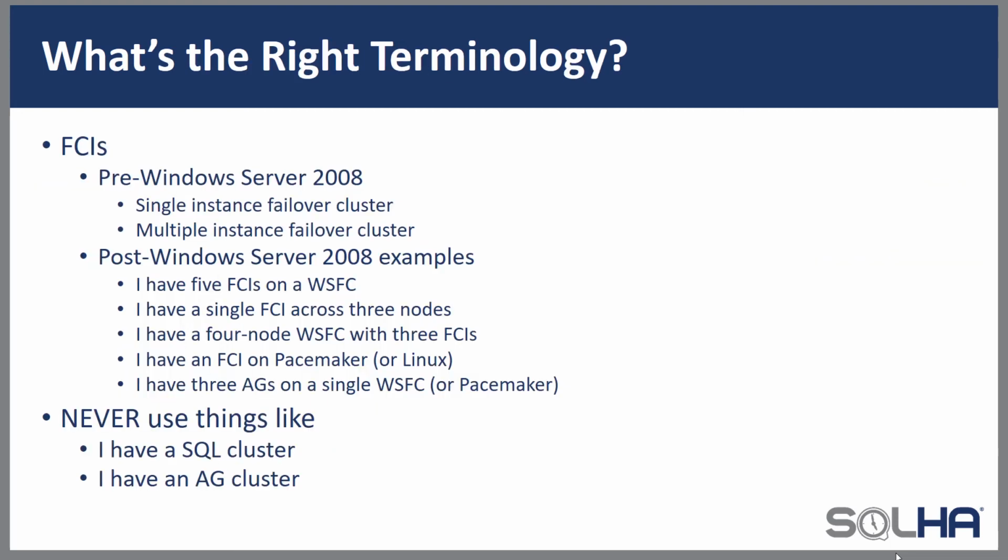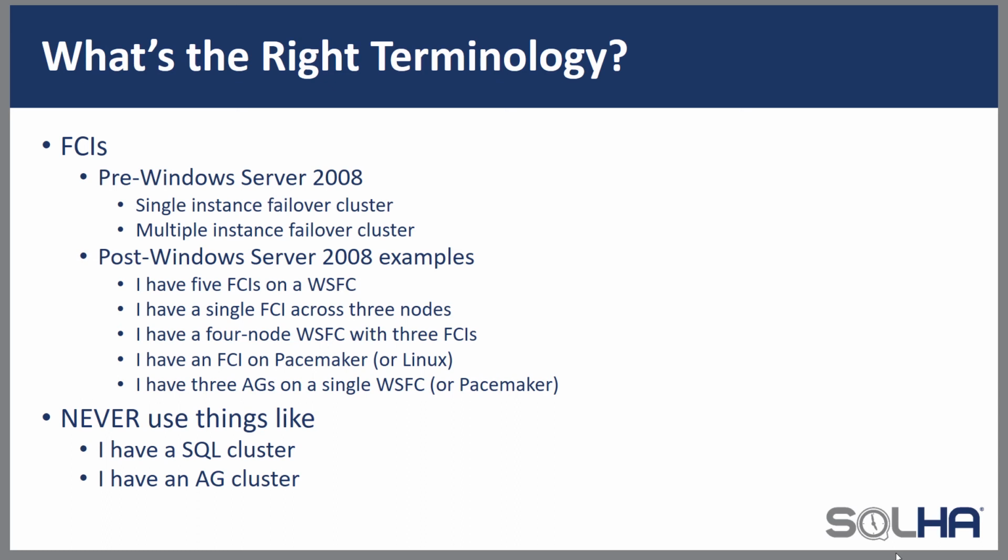So how should you reference this stuff when you're talking about it? Well, pre-Windows Server 2008, when they started using failover clustering as a feature, we usually just used to say a single instance failover cluster or multiple instance failover cluster. For obvious reasons, that's a bad idea now.